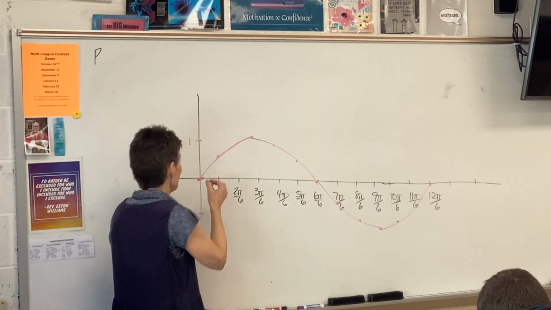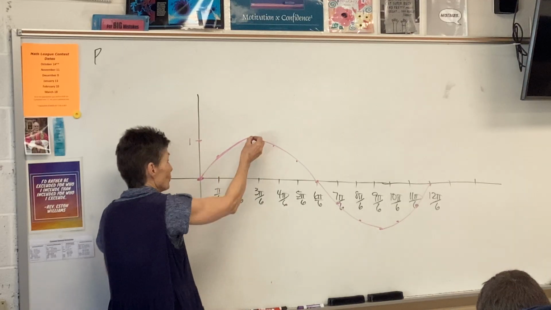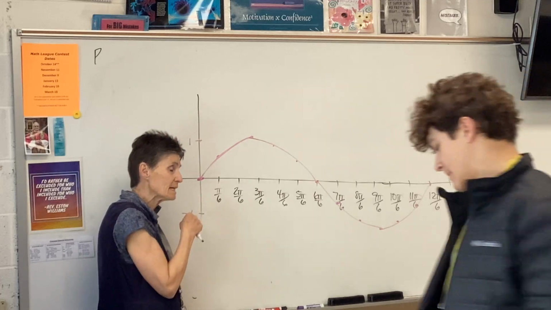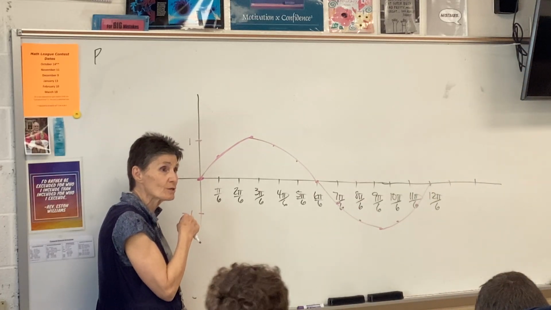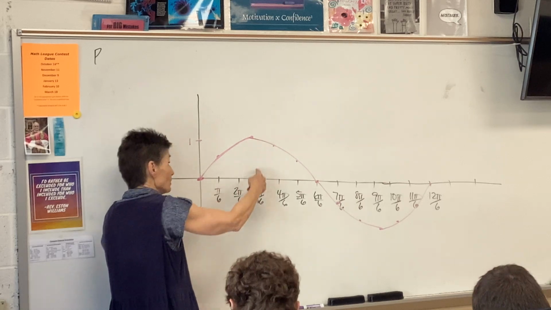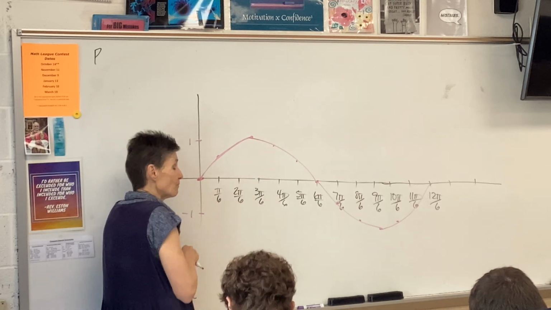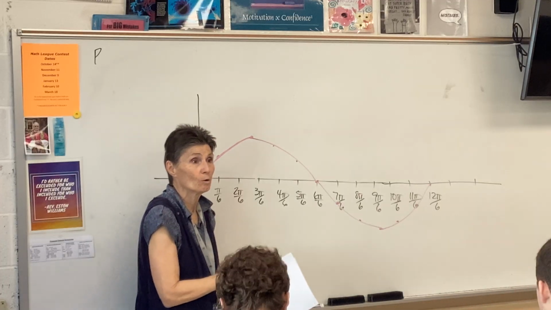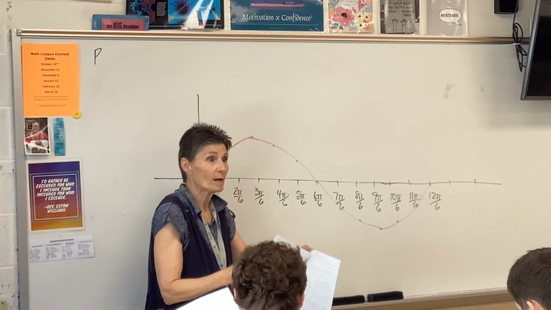The amplitude, the height of the sine curve, is 1. We can change that. We've seen it happen in some of our other pictures. But for the standard sine function, the amplitude is 1. And the frequency is the reciprocal of the period, so it would be 1/2 pi, right?